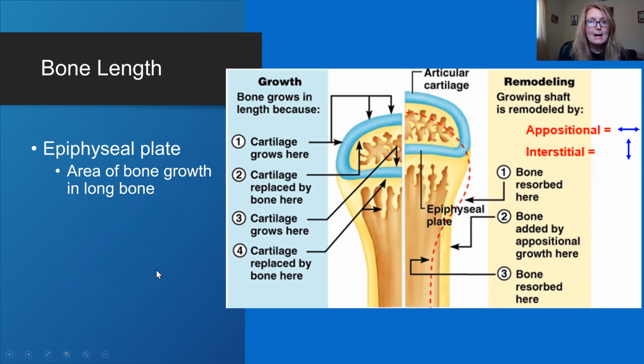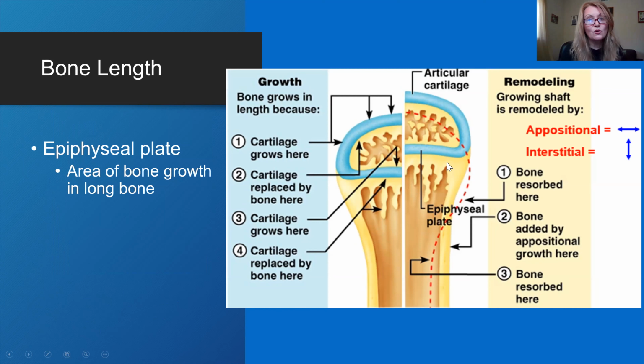Okay, now bones can grow in length as long as you have the epiphyseal plate. The epiphyseal plate is made of cartilage, so that's hyaline cartilage. The bone cells cannot divide. Cells of the cartilage can divide. So when they divide, obviously you have more cells and the structure is growing bigger.